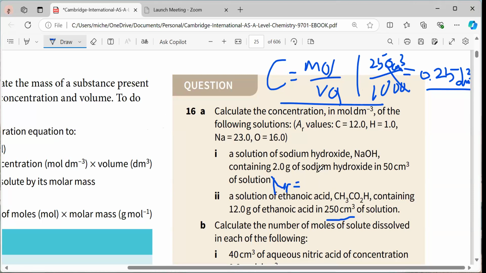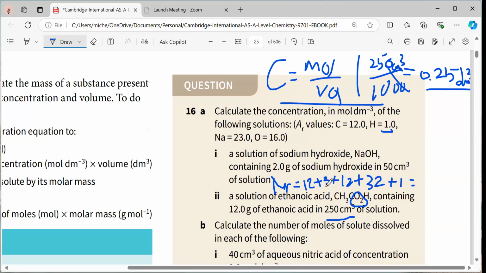We have carbon right here, so that would be 12, plus hydrogen is 1, and we have 3, so 1 times 3, that will be 3. And then we have another carbon, so plus 12 again. So we have 2 oxygens right here. Oxygen is 16, so 16 times 2 would be 32. And we have another hydrogen, so plus 1.